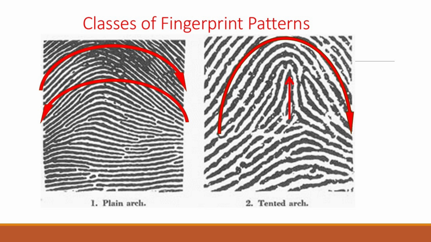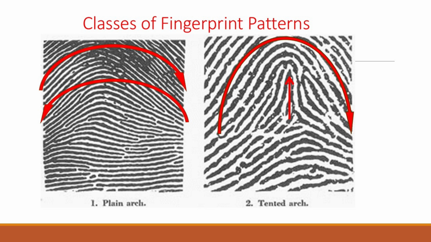From the right hand side or from the left hand side, the lines move and never return to the same side. So from one side to the other side, and on getting to the middle, it rises just a bit, like a wave of the ocean. That is what we call plain arch.